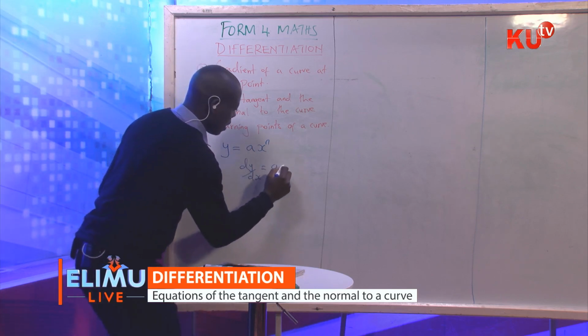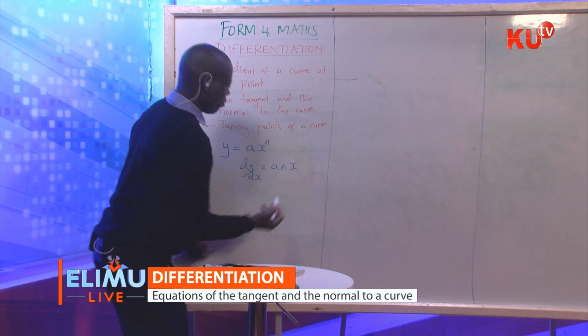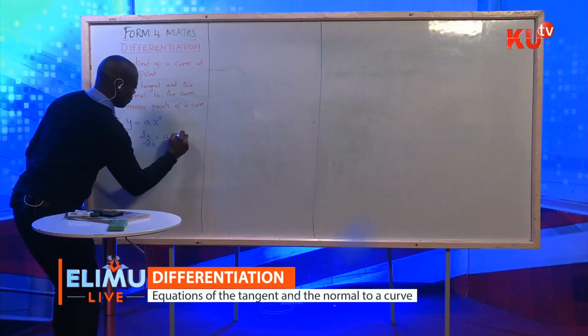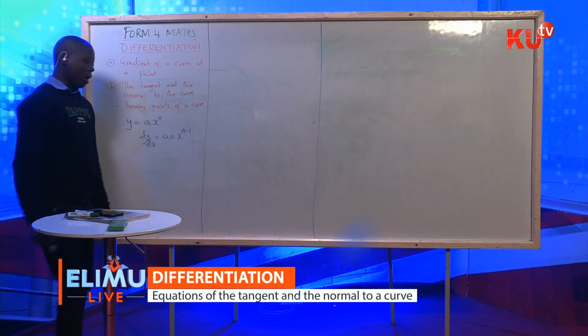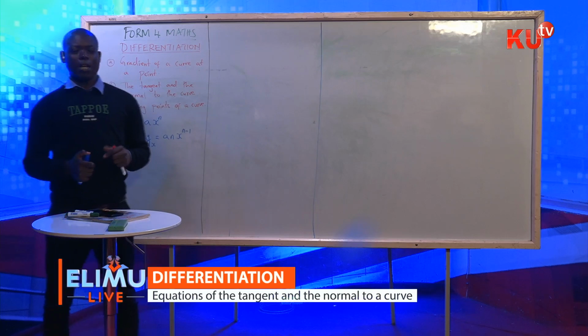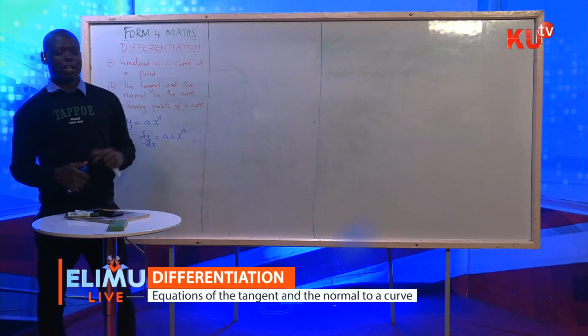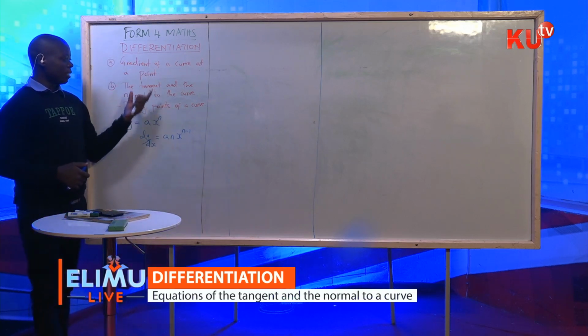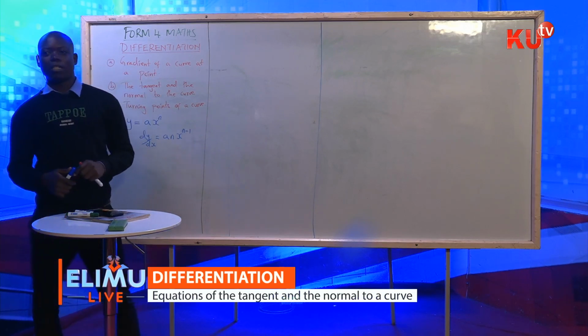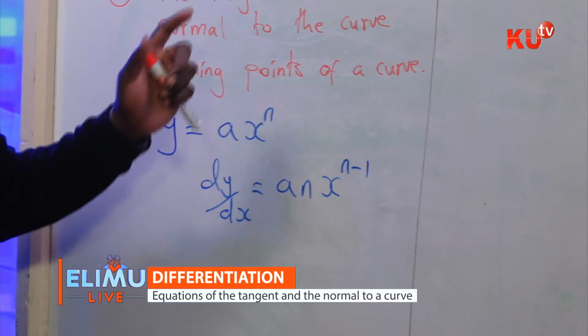That gives us an, then x, we subtract 1 from the power. Good. We take n less 1. Good. This is the process of differentiation that we need to understand even before we look at what we have presented as our key areas of discussion in our lesson today.